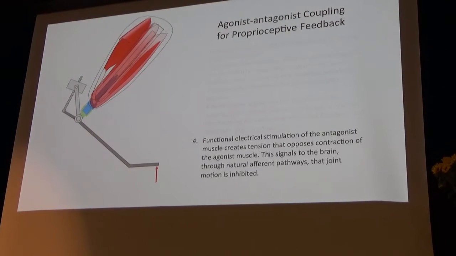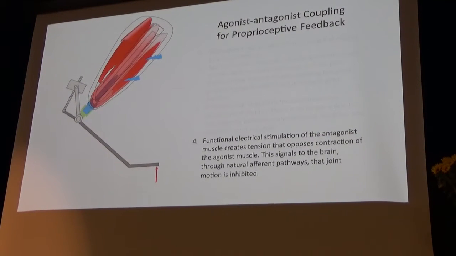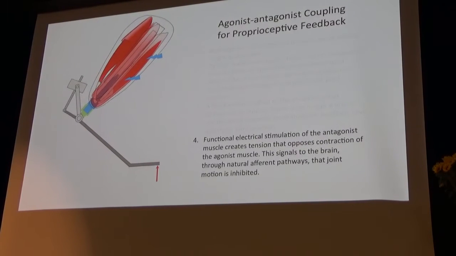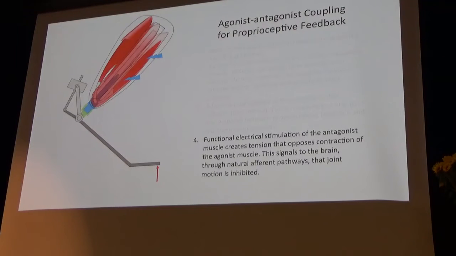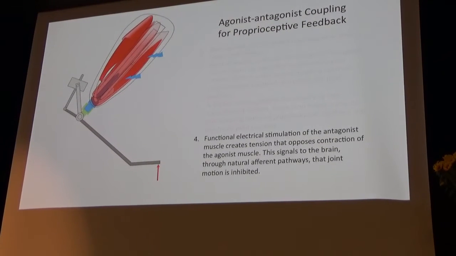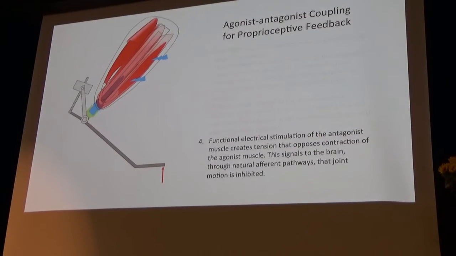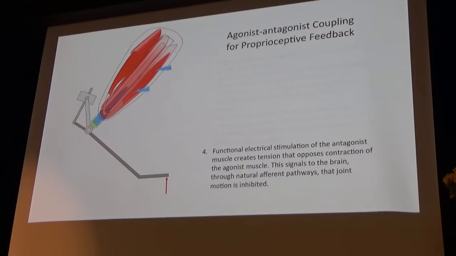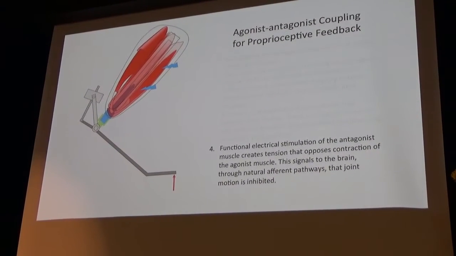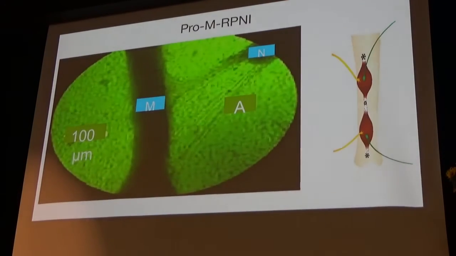What one can do in principle is stimulate muscle A, in this case the anterior muscle, to vary the load on muscle B. In principle, you could measure the force on the prosthesis with a torque sensor and have that go into a chip that computes optimal artificial muscle stimulation to modulate the force on its muscle partner so that the human actually feels the force via Golgi tendon organs.